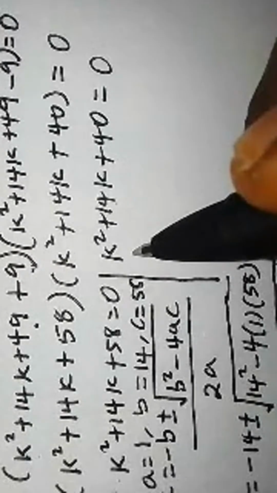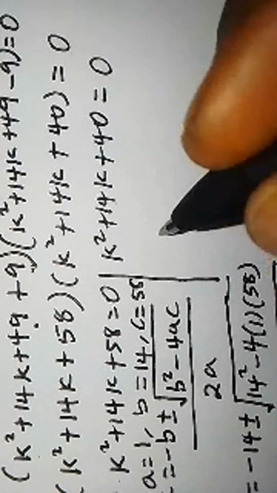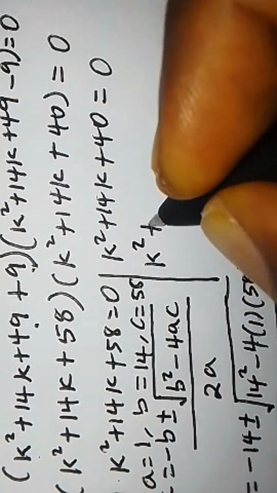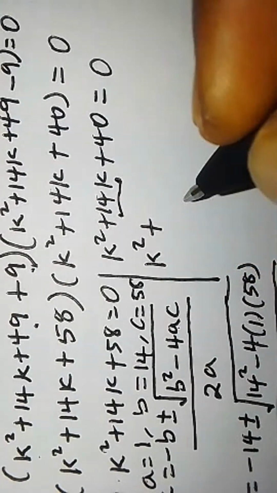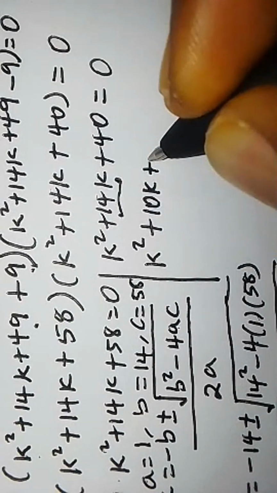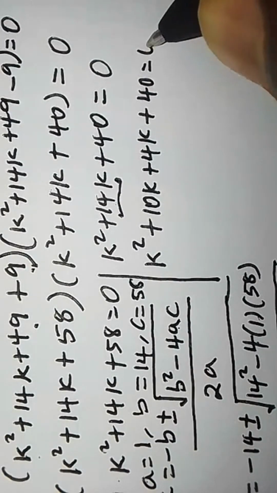Now, let's consider the other quadratic equation that we have here, k squared plus 14k plus 40. If you look at this quadratic equation very well, you will see that it is factorizable. Yes, so let's do that. Let's factorize it. k squared plus 14k plus 40 could be written as k squared plus 10k plus 4k plus 40 equal to 0.